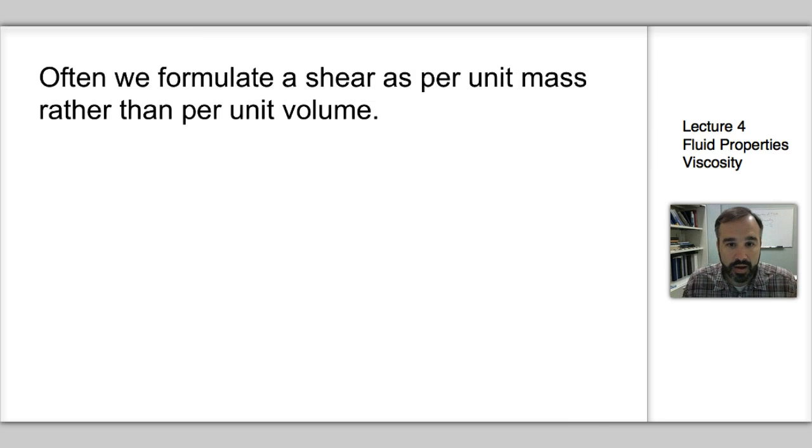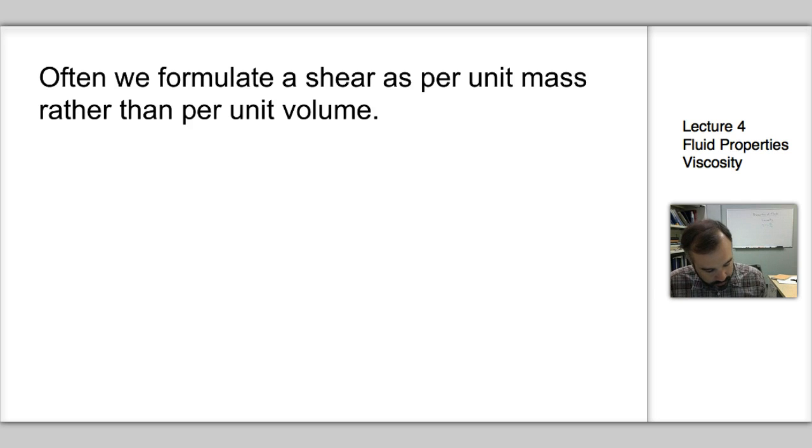However, in a lot of our fluid analyses, we're dealing with force balances, and forces, such as shear stress, are often expressed per unit mass rather than per unit volume, because force is mass times acceleration. So it's much more convenient to describe it per unit mass, whereas the dynamic viscosity is really a per unit volume type unit.